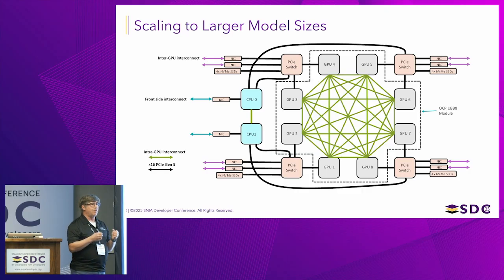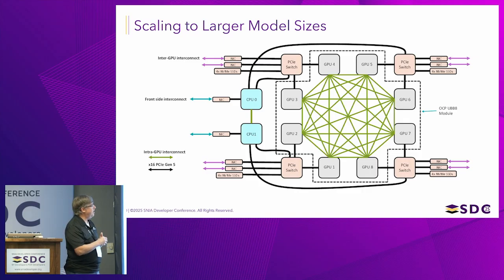Within the OCP group, they have created a standard for what they call a UBB, a Universal Baseboard Module. Essentially that UBB has 8 GPUs sitting on it, all interconnected with a memory coherent mesh. In this case, I'm using AMD as an example just because I happen to work for them, and they get really mad if I put somebody else's GPUs up on the screen.